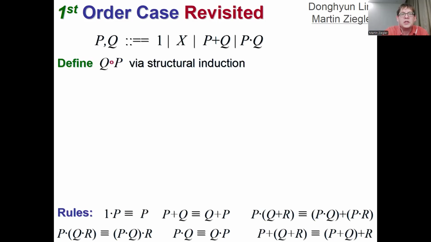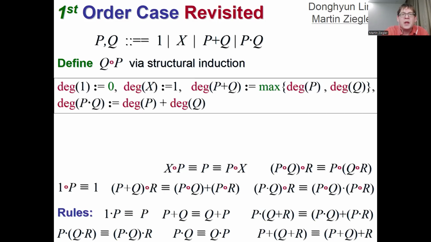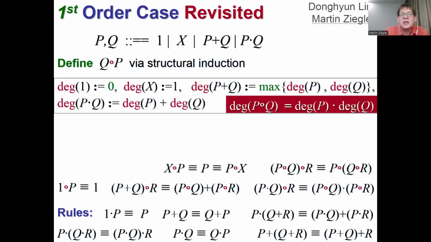When we defined the composition by structural induction, we observed that this composition also satisfies certain properties. And then we defined the degree by structural induction in this way. And as a consequence, the degree of the composition was the product of the degrees.